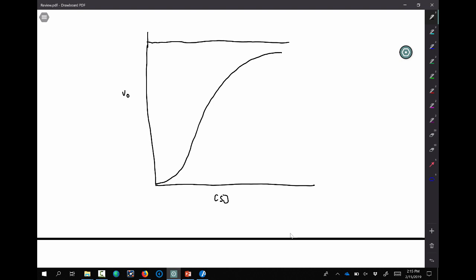And what you see in the sigmoidal type behavior with cooperativity is really an equilibrium between that R and T state. Okay. The reason it is cooperative is because there is this capacity for it to switch between conformations.